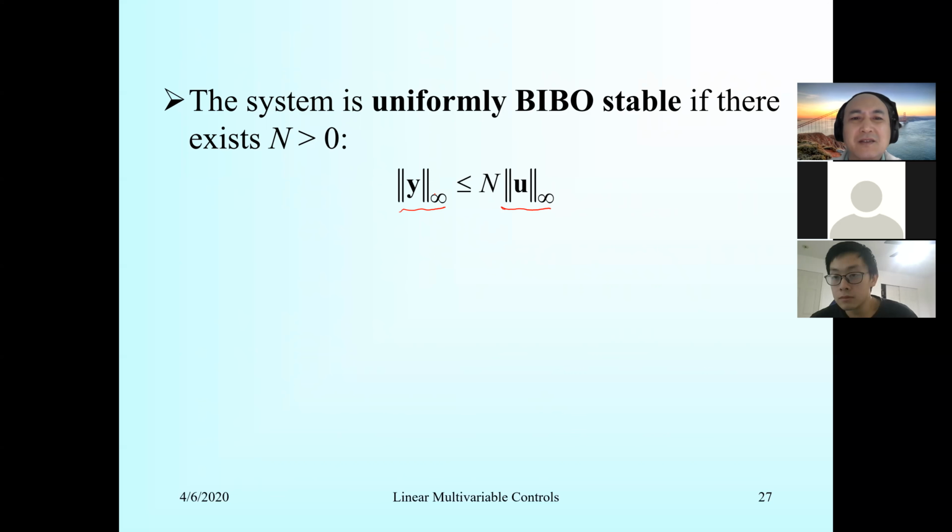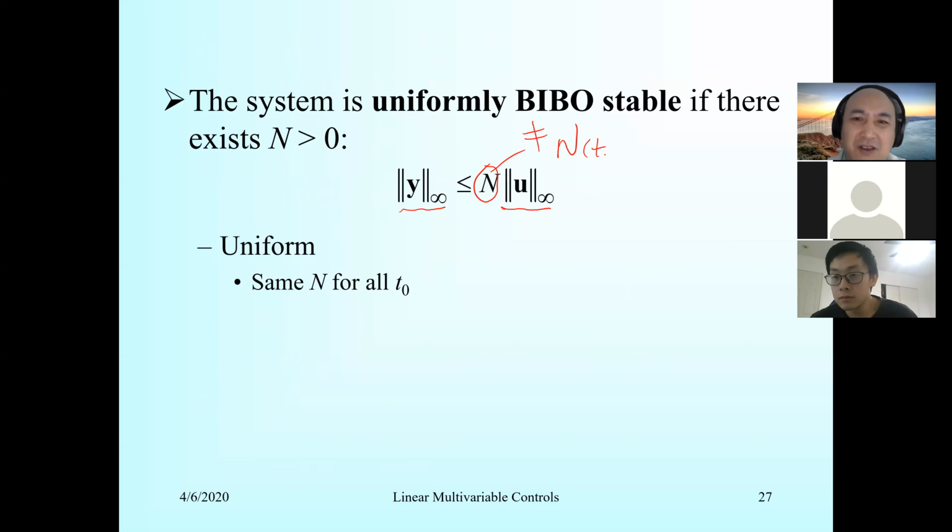The uniformity means this n is not a function of t0. The n is not changing for different inputs, it's not input dependent. If this is true, then everything will be nonlinear, but here we are talking about linear.